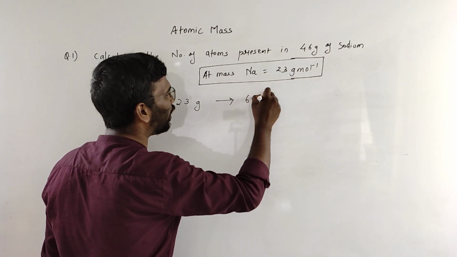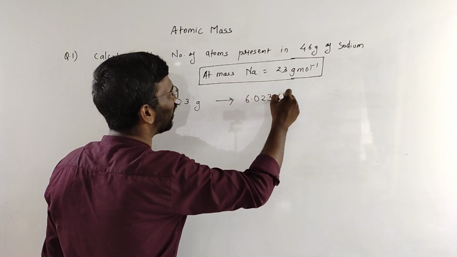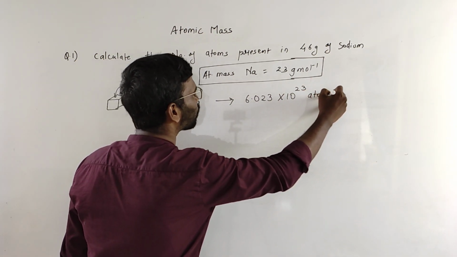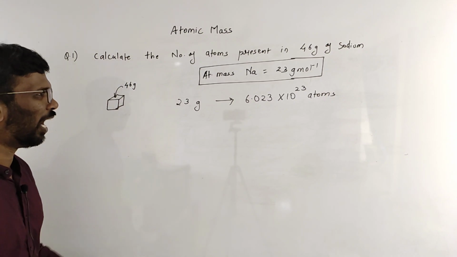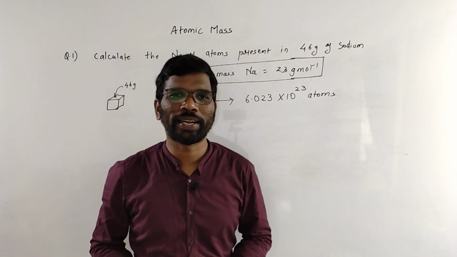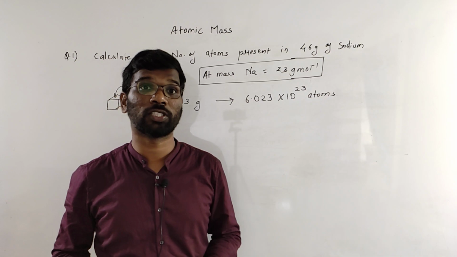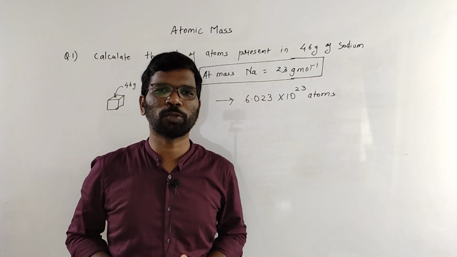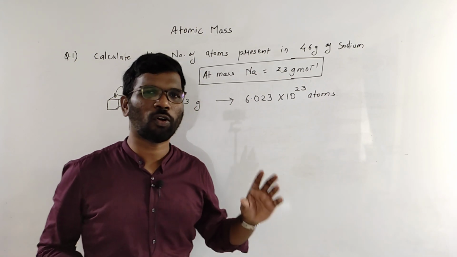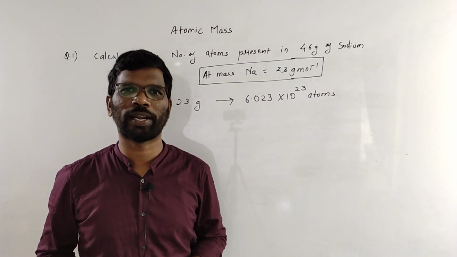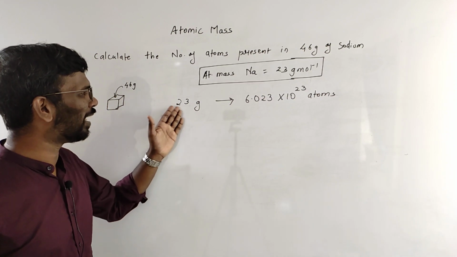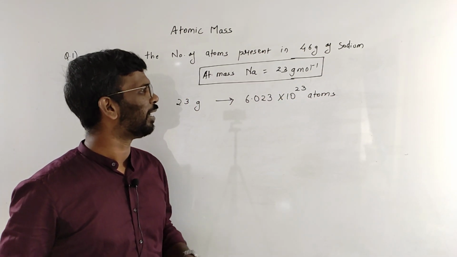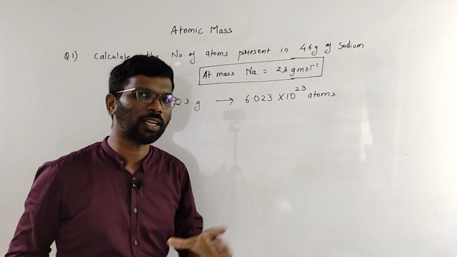It is having these many atoms, 6.023 into 10 raised to power 23 atoms. How do I understand that? This is a standard relation. That is what is the meaning of the molar mass. 23 grams per mole means it is a mass of 6.02 into 10 raised to 23, and from this standard relation I can say that 23 gram has 6.023 into 10 raised to power 23 atoms.